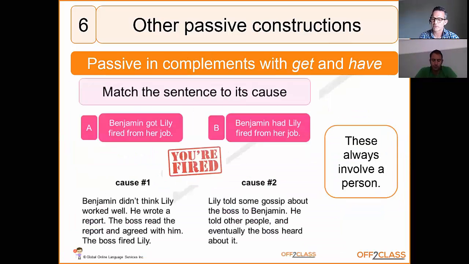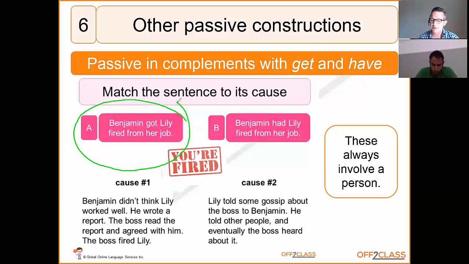And going on from there, you want to start looking at the other passive constructions. Sometimes you can have a passive in complements with get and have, and there is a difference in meaning. Both of them are valid uses of the voice.